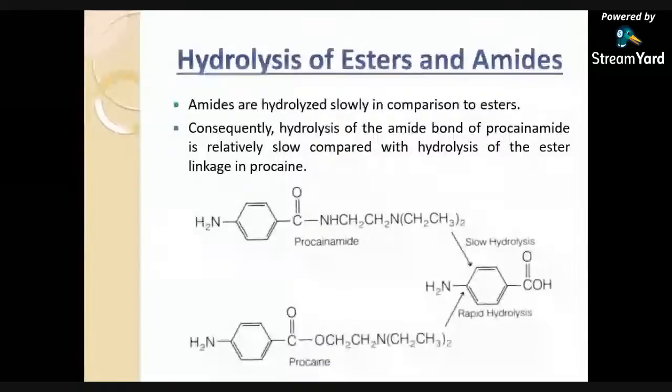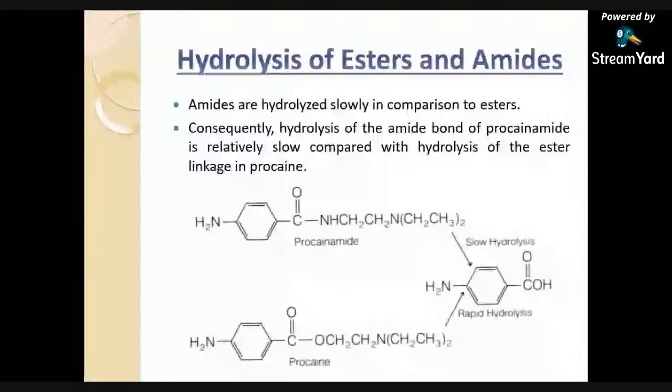Next, amides are hydrolyzed slowly in comparison with esters. Consequently, hydrolysis of the amide bond of procainamide is relatively slow compared with the hydrolysis of the ester linkage in procaine.